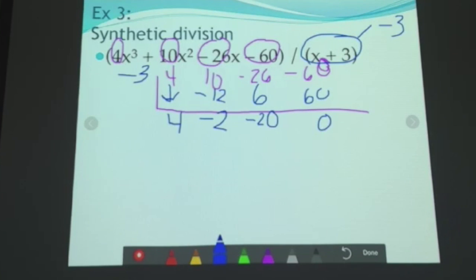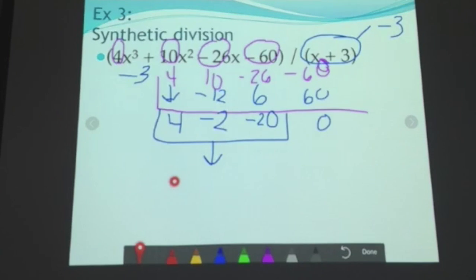You are done. This is the same as long division. And you're like, how is that answer the same as long division? I'm going to show you. This is your solution right here. So the way that we write our solution, since we've taken out a factor, and this is kind of a weird idea at first, these are going to be our new coefficients in front of my numbers. But we're going to do one less than what we started with. So if we started with the x cubed, this is now going to be my answer, but it's going to go in front of the x squared.